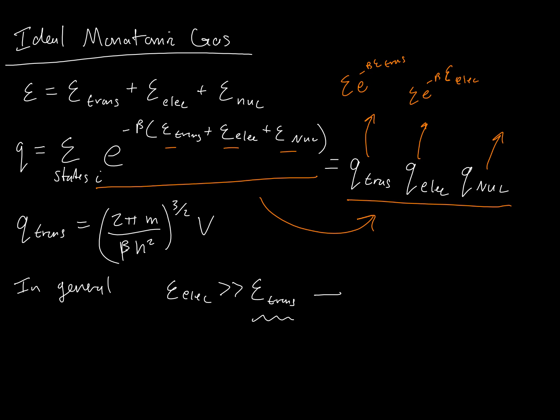So in general then, what we'll be saying is that e to the minus beta E electronic, the Boltzmann factor for the electronic energy states, is going to be approximately equal to e to the 0, which is going to be equal to 1. Because if this term is very, very large, that means you have a large negative exponent. So that basically means that of your electronic energy states, there's only one that is accessible at a reasonable system condition.